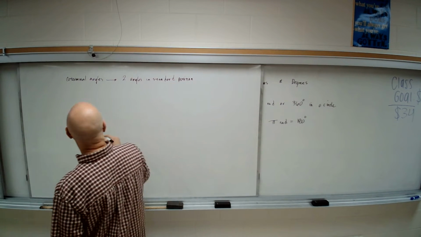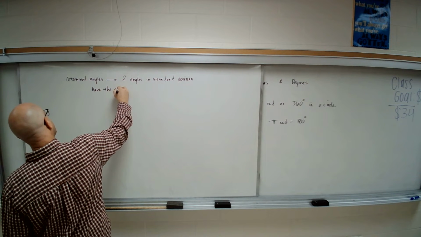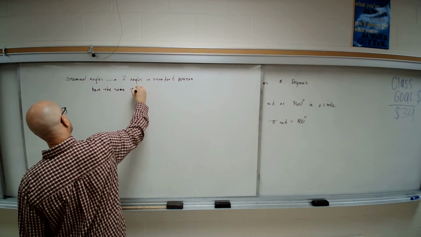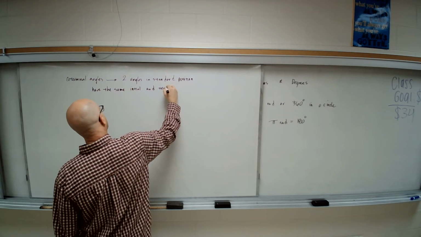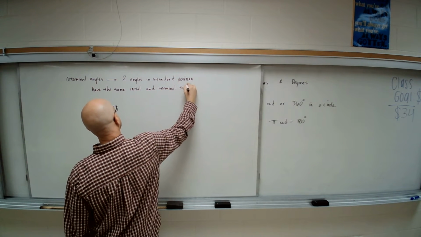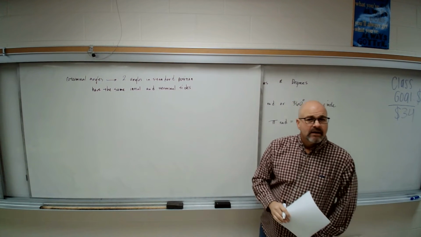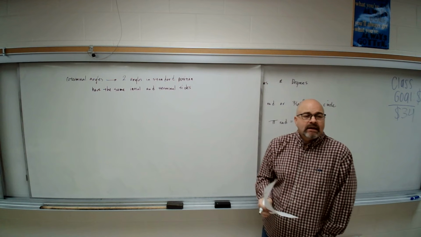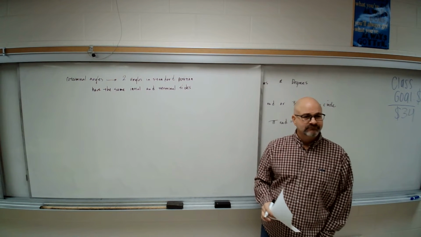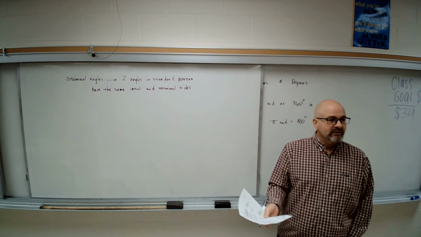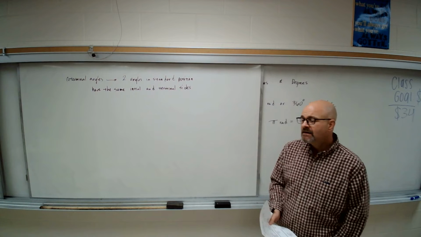Two angles in standard position have the same initial and terminal sides. That would be a good definition. So they're basically some number of revolutions different, correct? Like a 180 and a 540, or a 0 degree and a 360 degree.